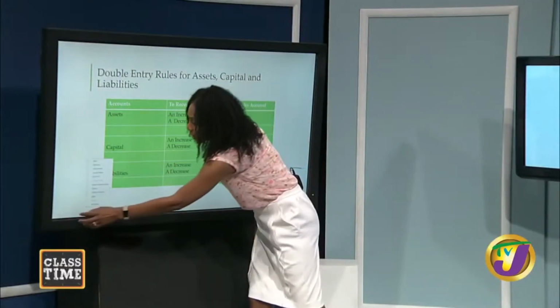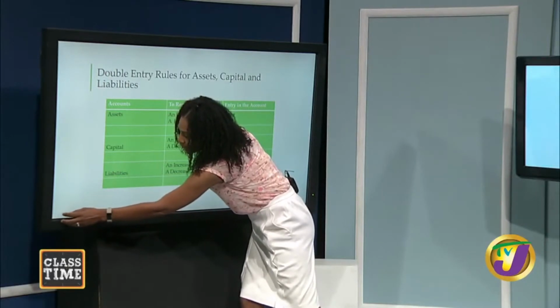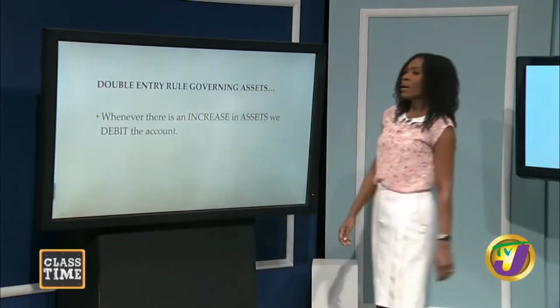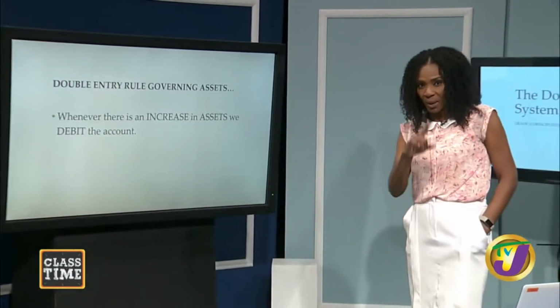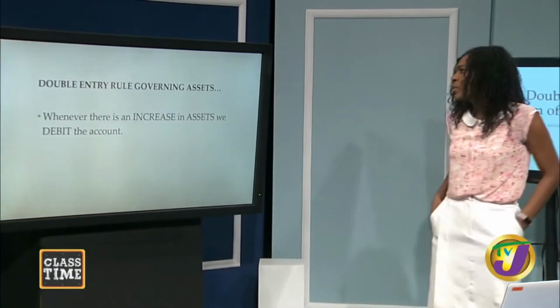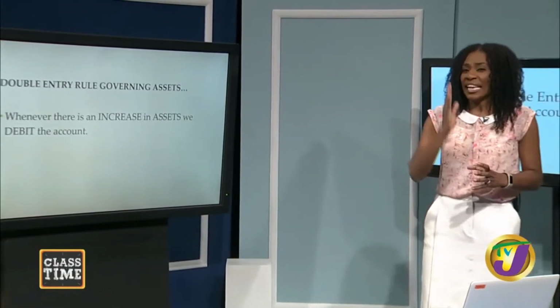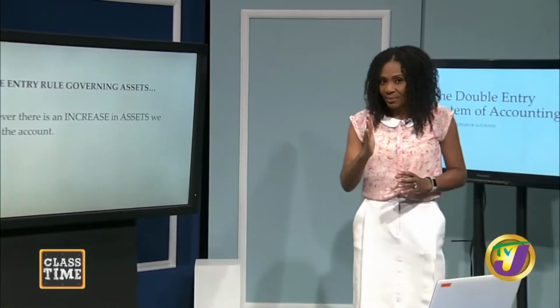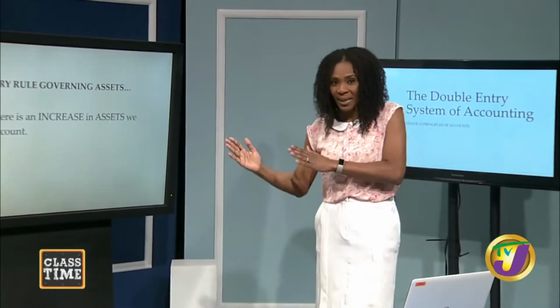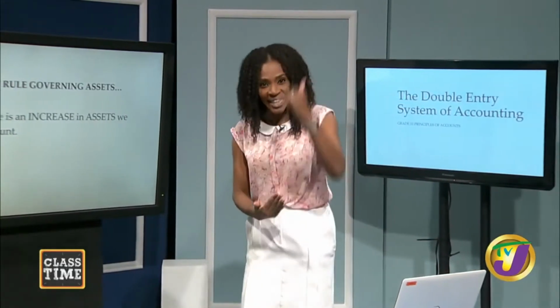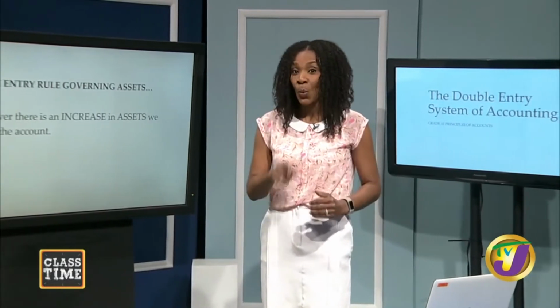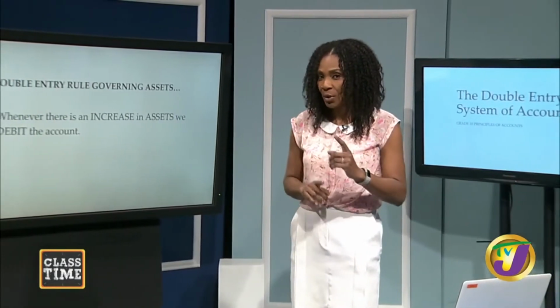Now, students, listen. As it relates to assets, remember, we're doing double entry. Whenever there's an increase in assets, we debit the account. Whenever there's a decrease in assets, we credit the account.